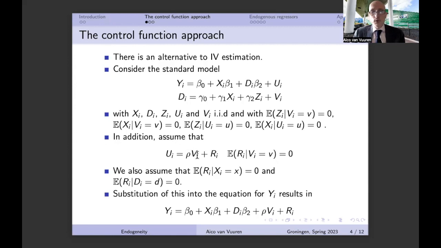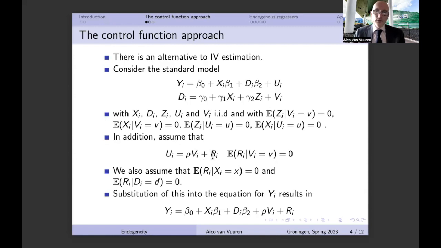We could have made it more general by including, for example, higher order terms, so the relationship does not have to be linear. But we want to keep it as simple as possible, which is why I simply have a linear relationship here.